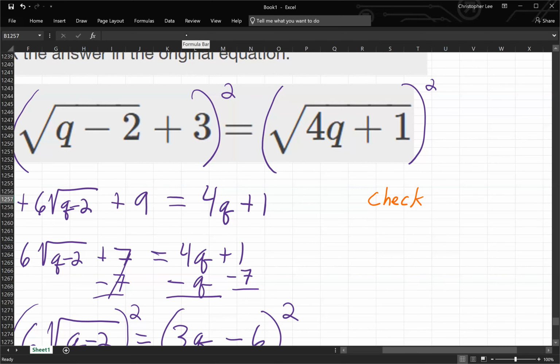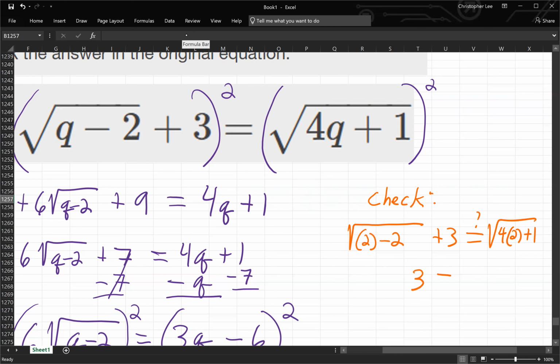All right, so we're just gonna check this real quick. Let's verify that this works, right? So I got 6 and I got 2, so I'm gonna just try out the 2. It's gonna be square root of 2 minus 2 plus 3, allegedly, is equal to the square root of 4 times 2 plus 1.